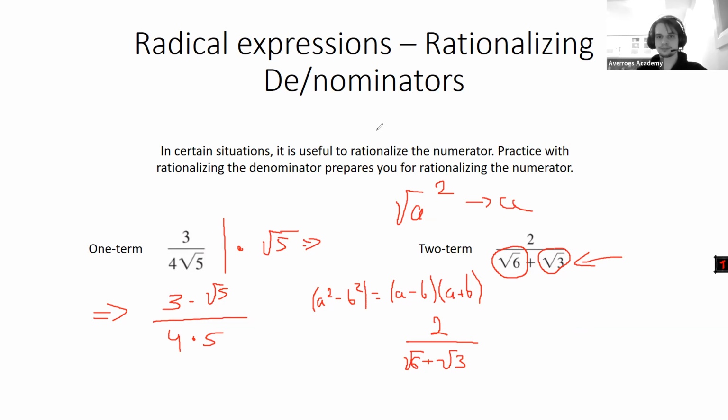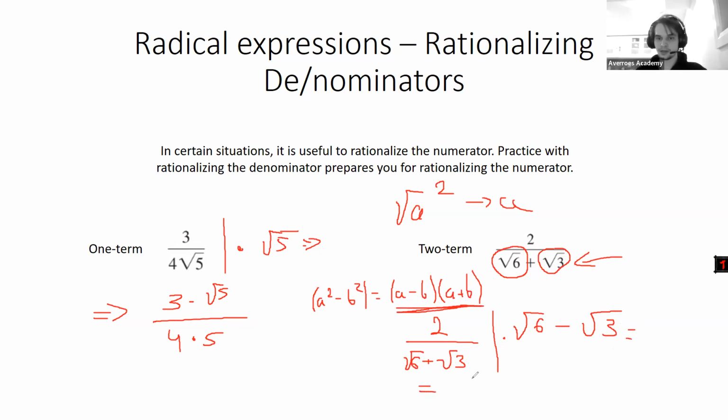Let me show you this final example. Here we're going to multiply it by √6 minus root of 3, because that's how we're going to create this pair that we're looking for.